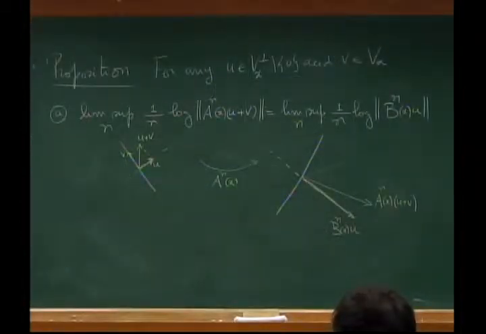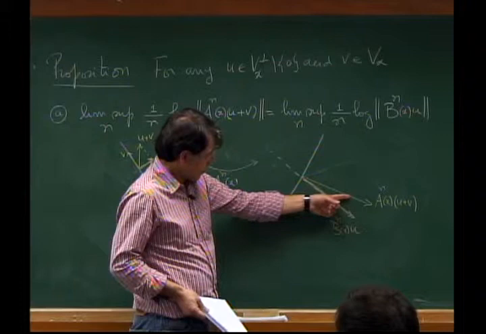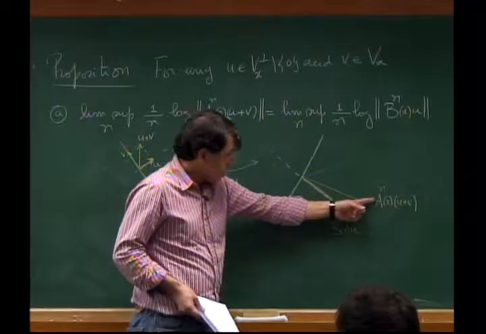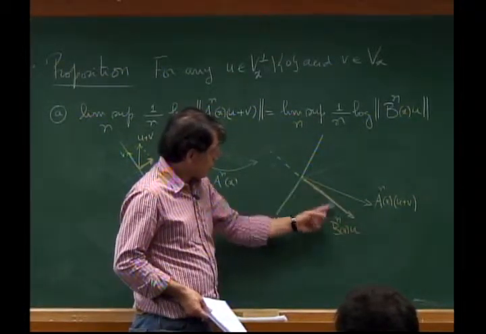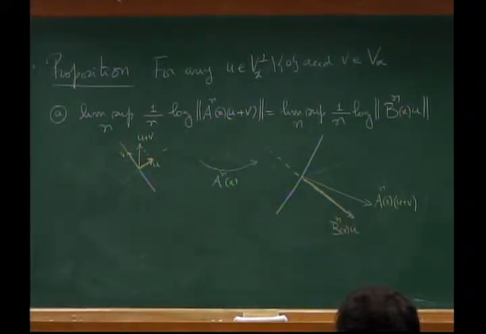This statement says that they both grow at the same rate. The rate of growth of this iterate under A is equal to the rate of growth of u under B n of x. Okay.